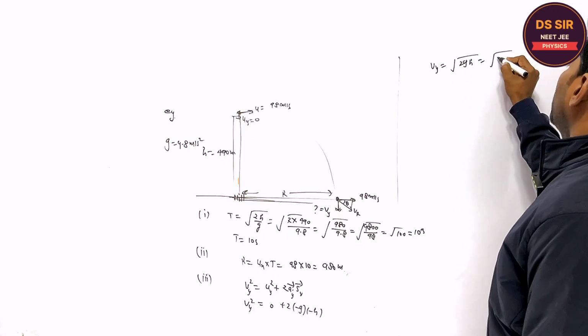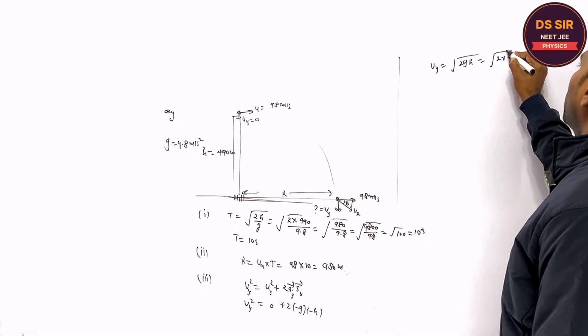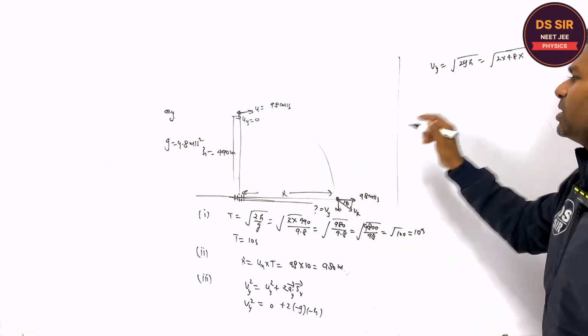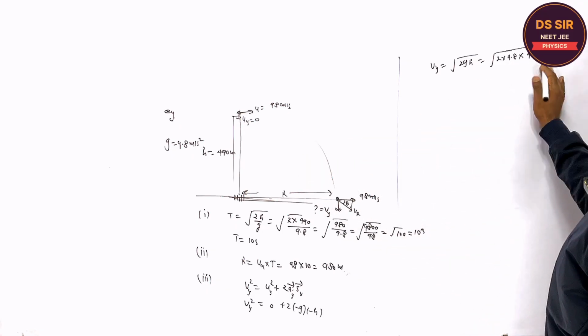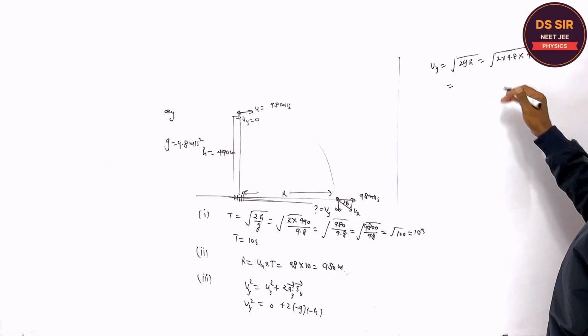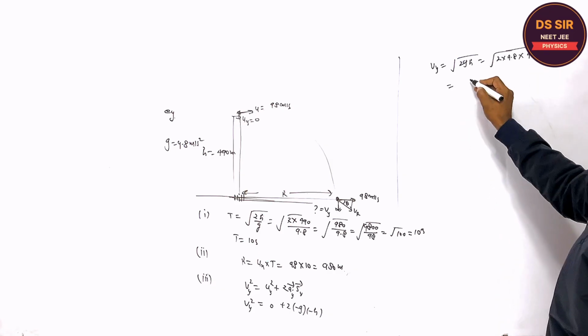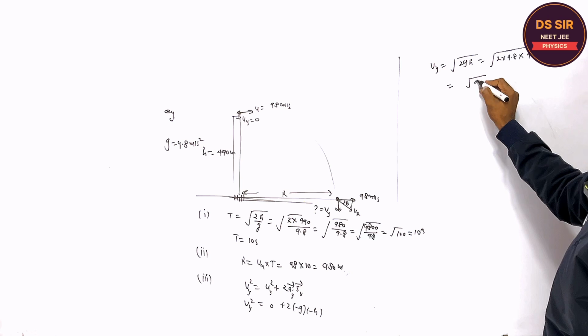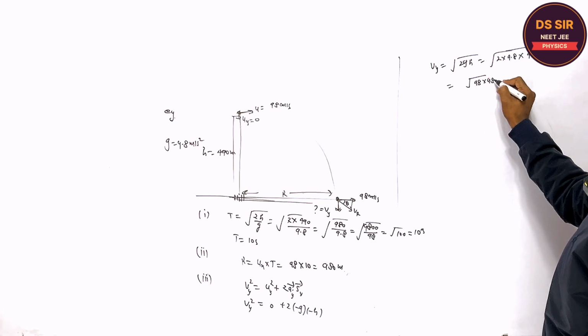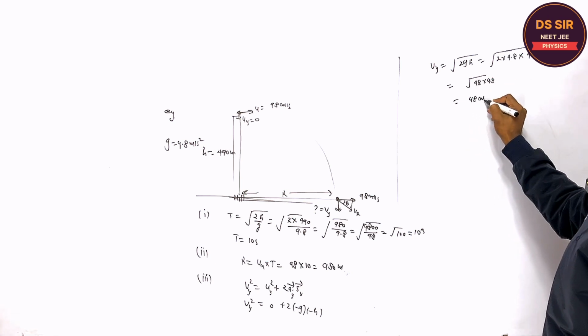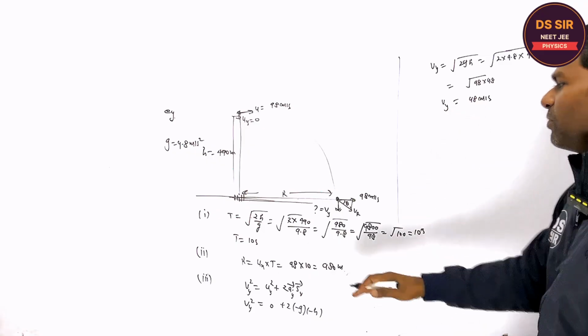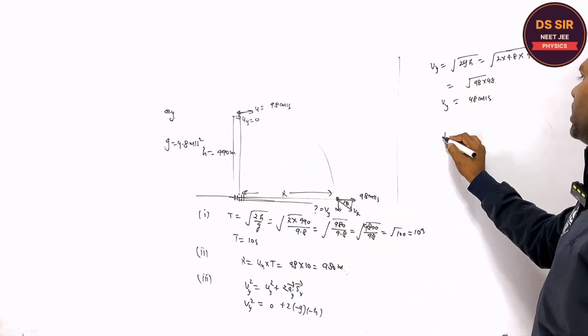So we can also use the formula Vy square is equal to 2gh. The value of g I will put here is 9.8 and the value of h is 490. Is it fine? So this is equal to how much? You tell. Approximately it is 98 into 98. So 98 meter per second is the velocity in the vertical direction. So what is the tan theta then?